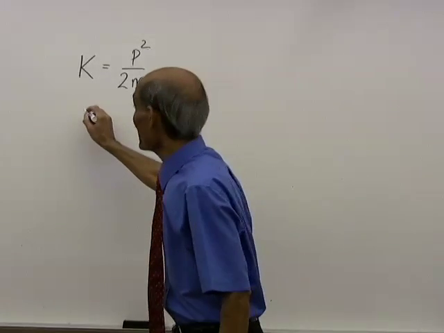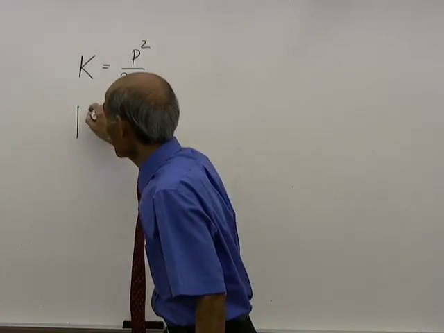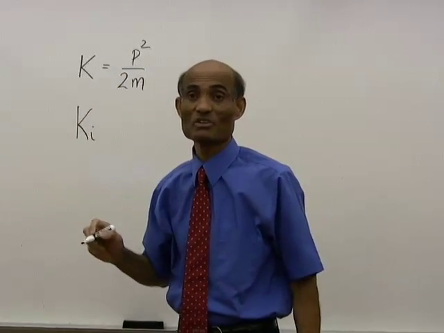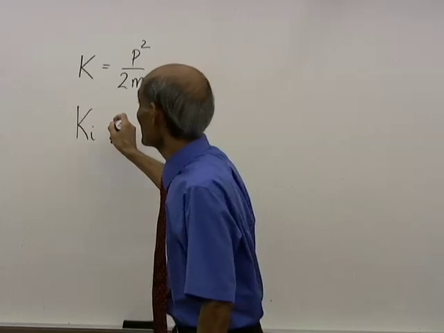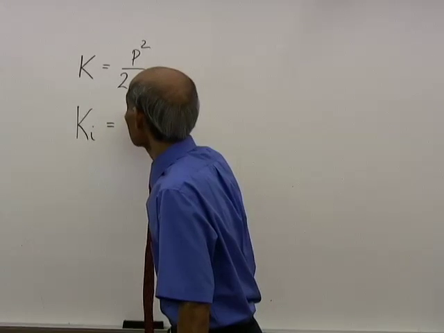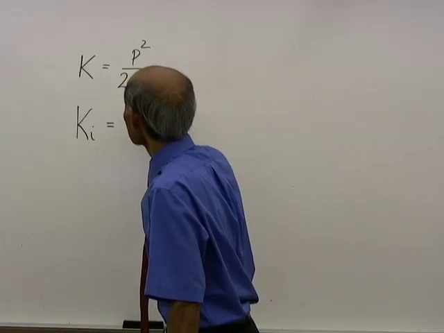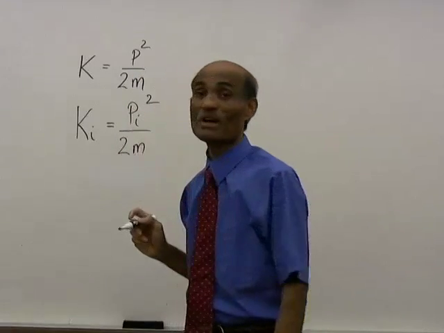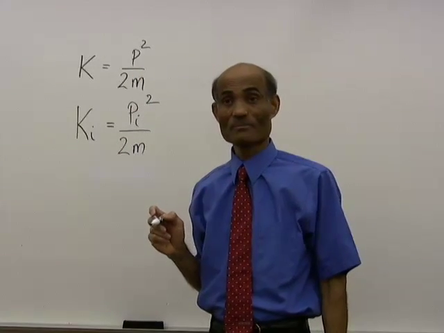Well, what is the initial kinetic energy? This time I'm going to use Ki for initial kinetic energy. The initial kinetic energy can be written as Pi squared divided by 2m, where Pi is the initial momentum.